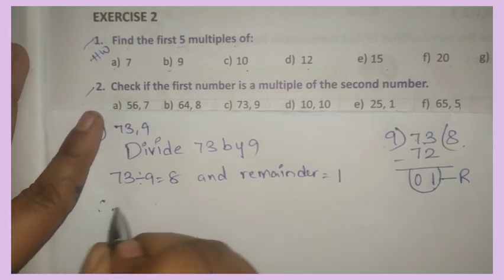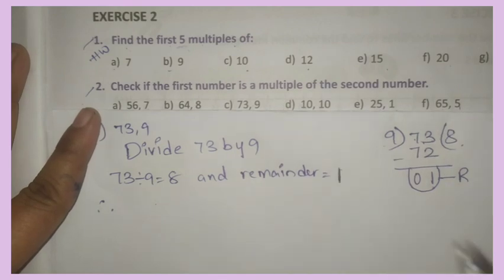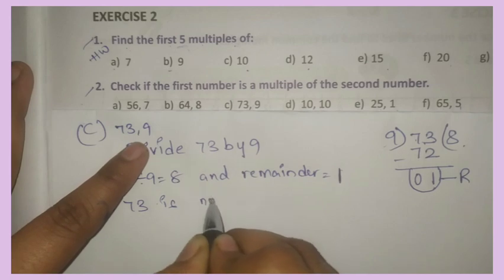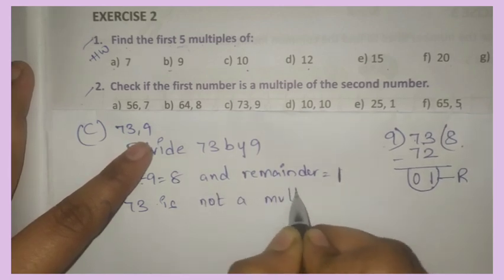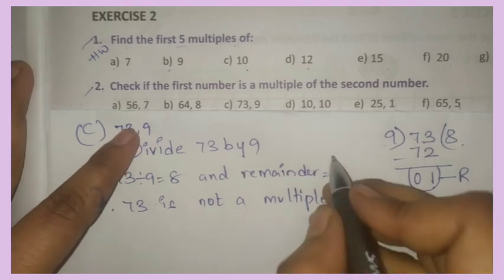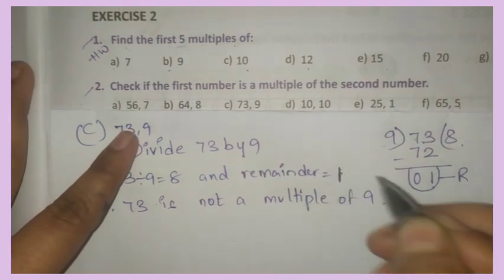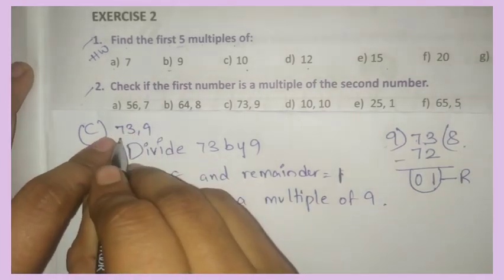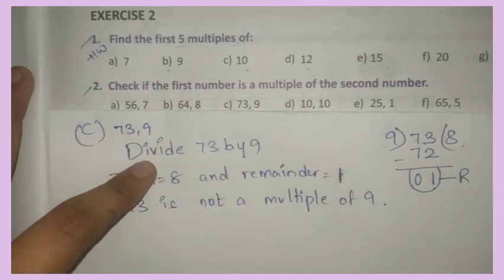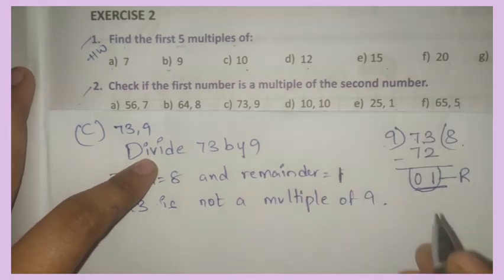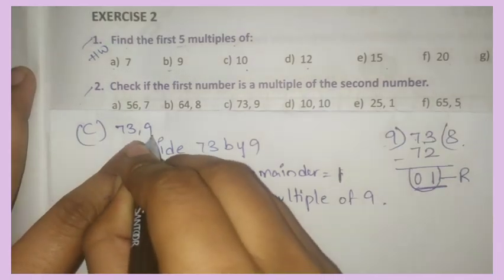So here we got remainder 1, so 73 is not a multiple of 9. It means we have to get remainder 0 only. If you get 0 only, then that is a multiple of that number. Otherwise, if you get 1, 2, 3, 4, any number, then that is not a multiple of that second number.